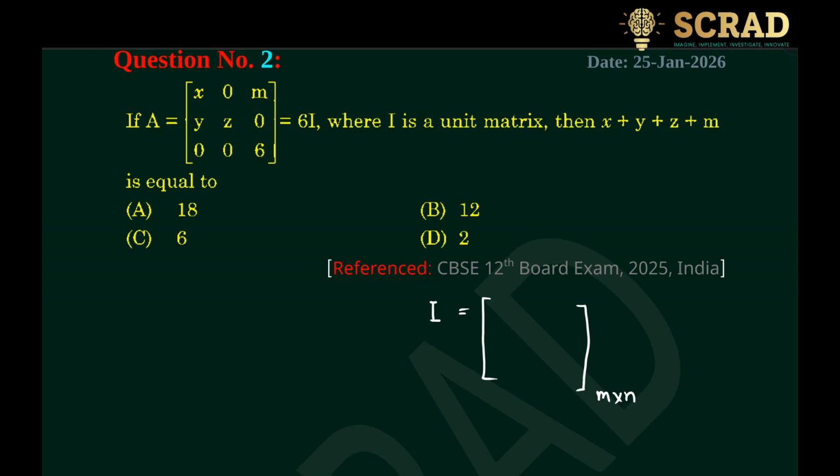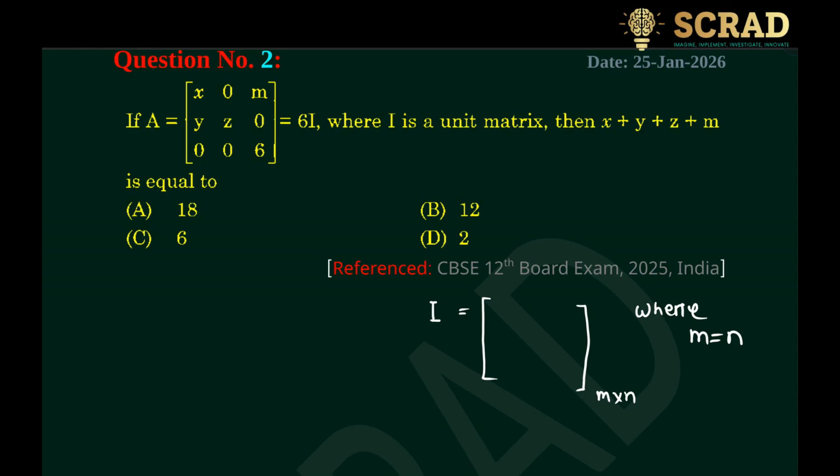So I can be a unit matrix or identity matrix if it is a square matrix, meaning where m equals n.